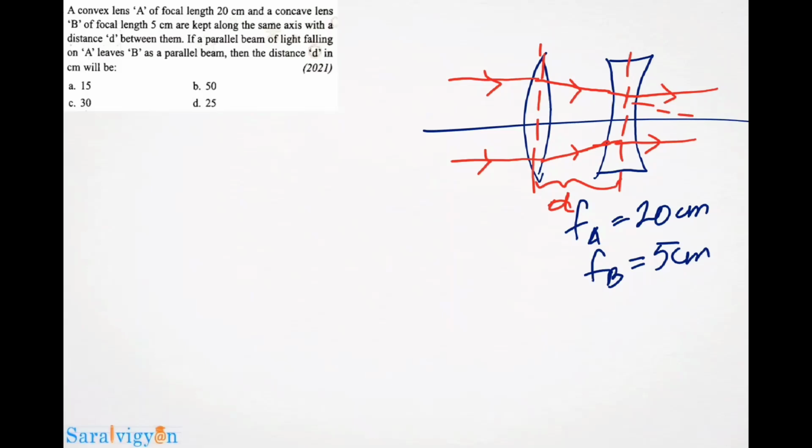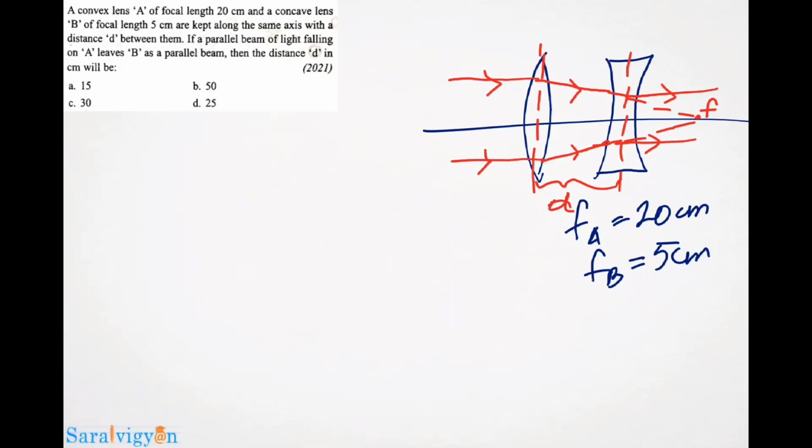So when we trace the converging beam from the convex lens, it would go to the focus of the concave lens. And we know that the beam coming from the convex lens converges to its focus. So we can understand that both A and B have the same focus.